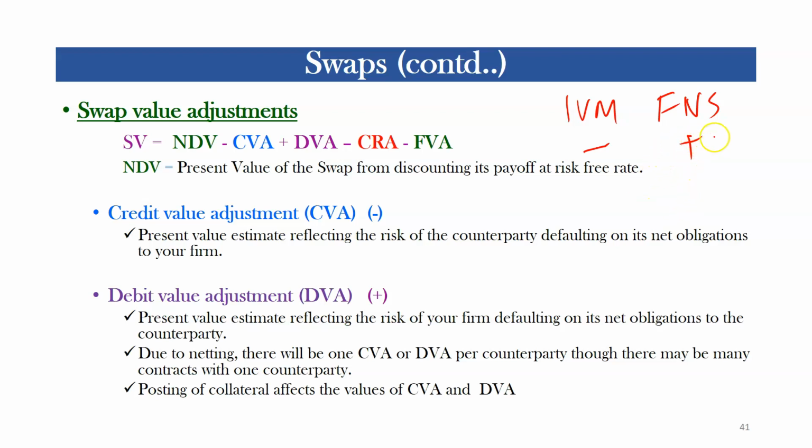Now FNS here is bearing credit risk, so it will require IVM to deposit collateral, and in that case there will be a credit value adjustment by FNS and a debit value adjustment by IVM when they value the swap. If IVM deposits sufficient collateral, DVA and CVA will be equal to 0.